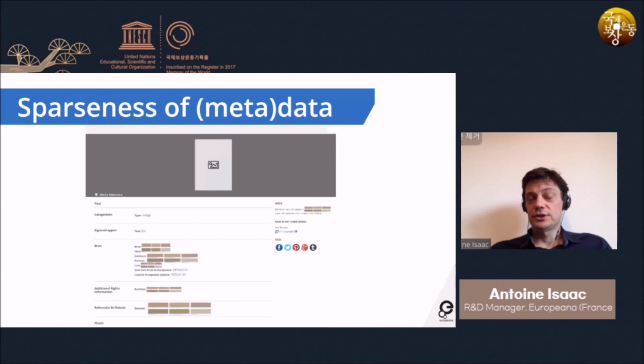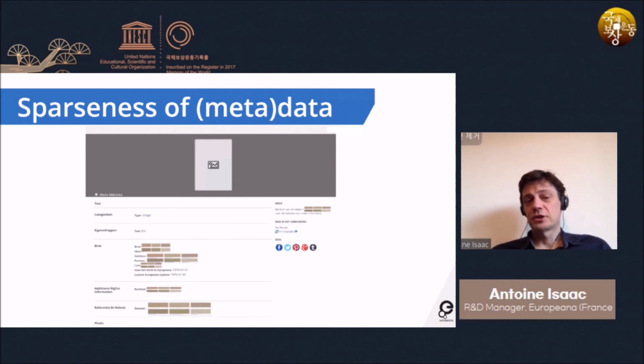The first one is the sparseness of the metadata. So the fact that for many objects we don't have a lot of data. Here on these slides, it's actually a bit provocative. It's an example from the past several years ago. Now, hopefully, we don't have this low-level data anymore. But it's basically an object for which we did not have a title, we did not have a description, we did not have a subject.